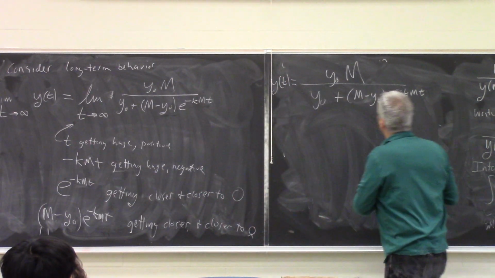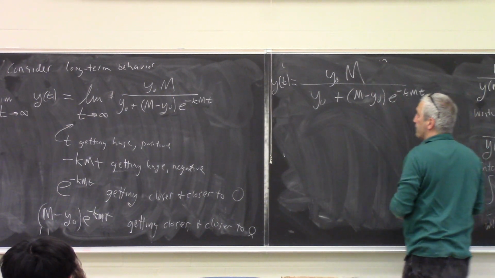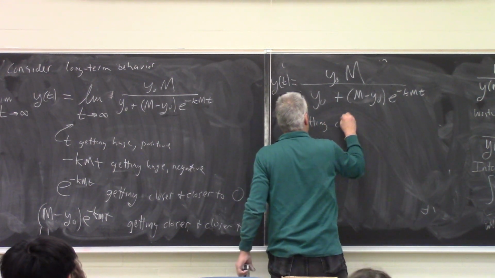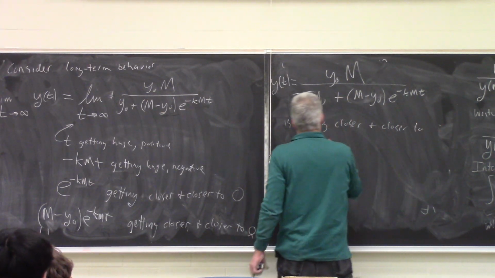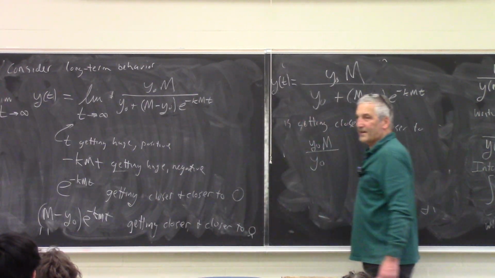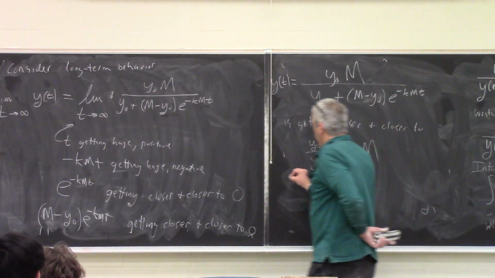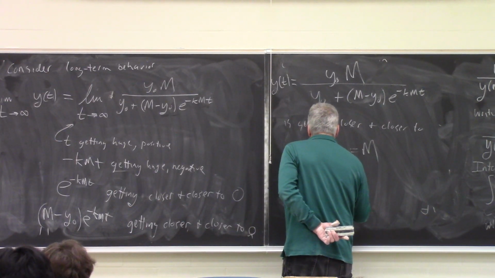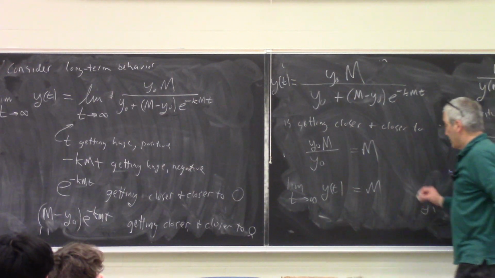Well, if this part of it is getting closer and closer to 0, that means this whole thing is getting closer and closer to y0 m over y0. Oh, but that's just the number m. So the limit as t goes to infinity of y of t is m, which is, again, the carrying capacity.